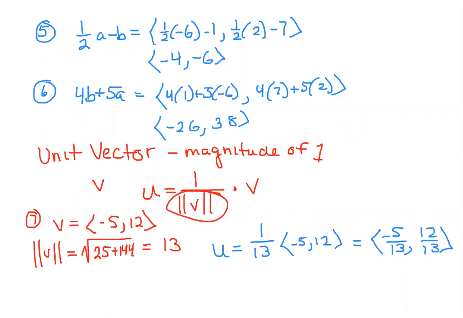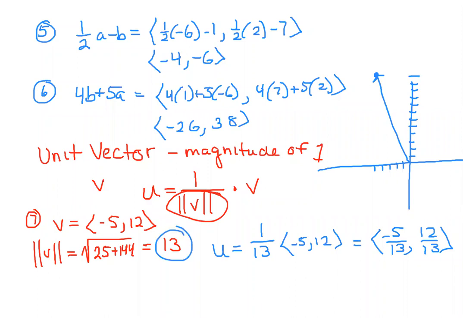So what this is doing right here, let me erase this so I can draw a graph over here. Okay, our original vector was (-5, 12). 1, 2, 3, 4, 5, and 1, 2, 3, 4, 5, 6, 7, 8, 9, 10, 11, 12. So our original vector looked like this, and the magnitude of this vector is 13.